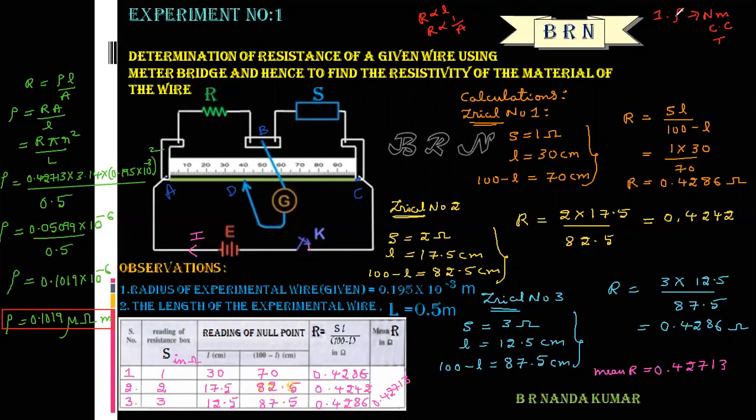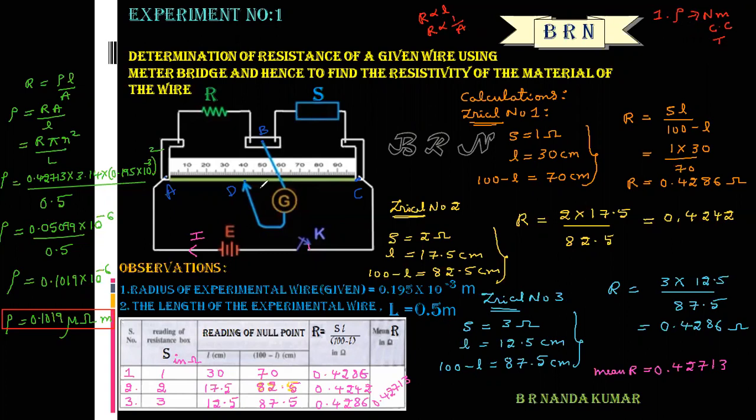But resistivity does not depend on length and area. It is independent of length and area, but depends on the nature of the material, chemical composition, and temperature.